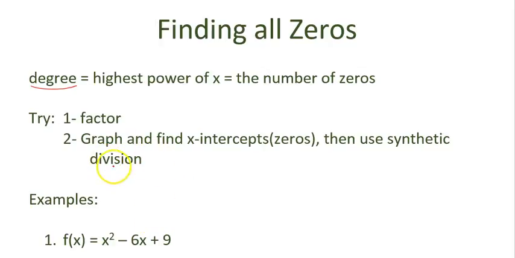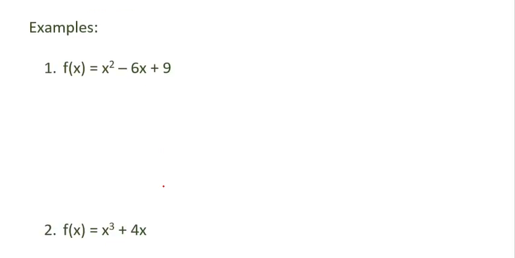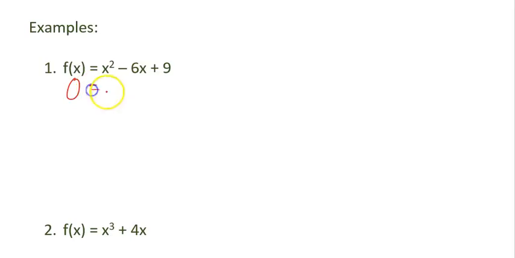So we have several examples of this, and we'll start with this first one here of f of x equals x squared minus 6x plus 9. So to find the zeros, I set the f of x equal to 0, so I just replace that f of x or y value with a 0, and then this one actually does factor very nicely to x minus 3 and x minus 3.